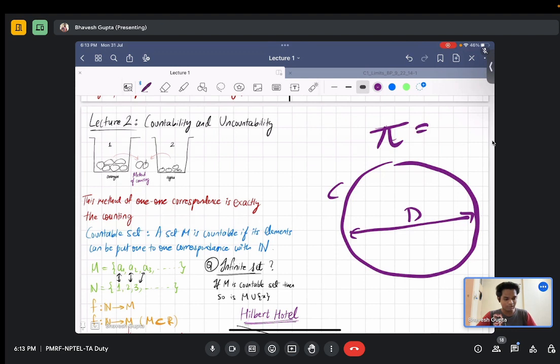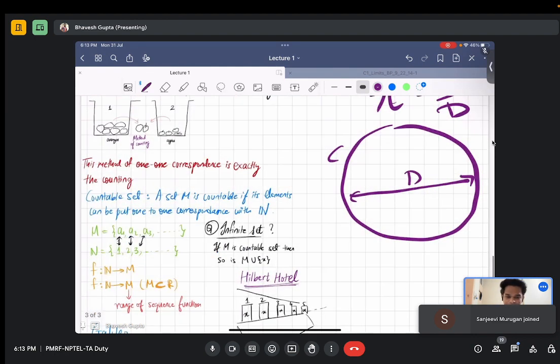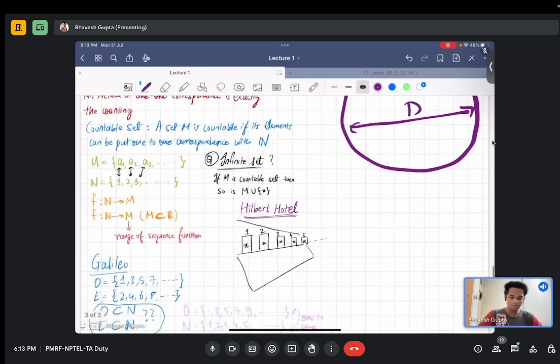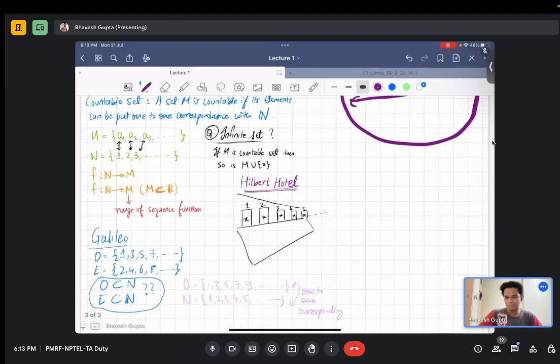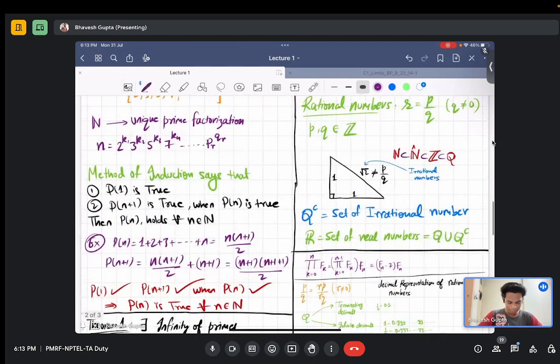So pi is basically the ratio of the circumference over the diameter of a circle. All irrational numbers have a geometrical origin. They do not originate from algebra. This is the important thing I want to emphasize.